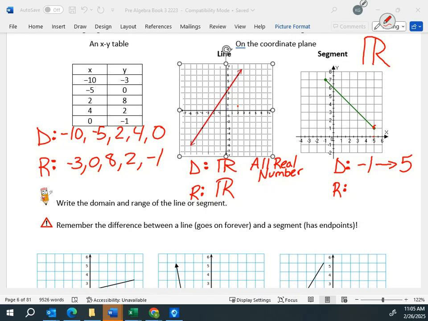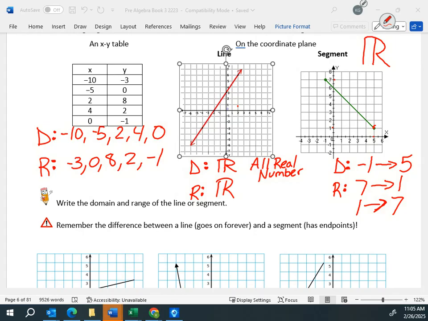So following that same logic for my range, what do you think my range is starting at? Kyla? 7. 7 to what? Claire? 1. To 1. Now you could write it 7 to 1, or you could write it 1 to 7.